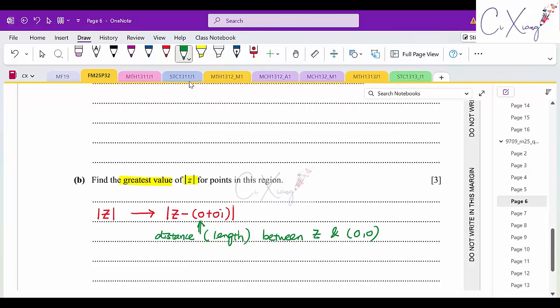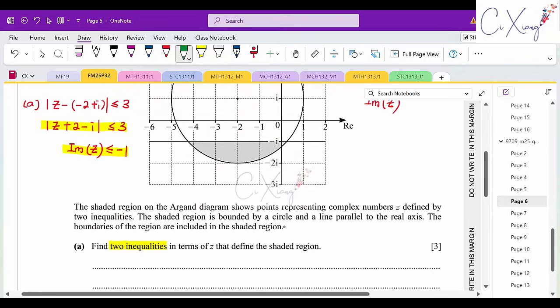So you need to understand the meaning of modulus z first. Modulus z means the modulus of z minus (0 plus 0i), which is the distance or length between the point z and (0, 0). So what is the meaning of point z? Point z can be any point in our shaded area. The z can be here, or here, or anywhere as long as it is in the shaded area. Then (0, 0) is this one.